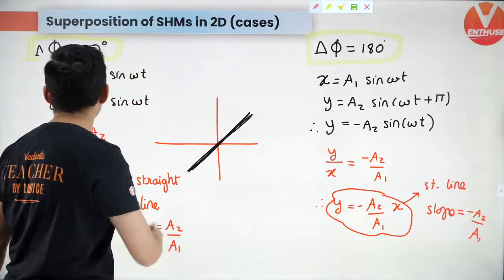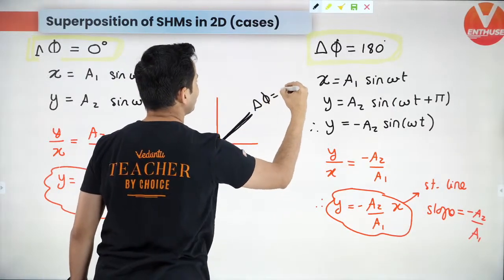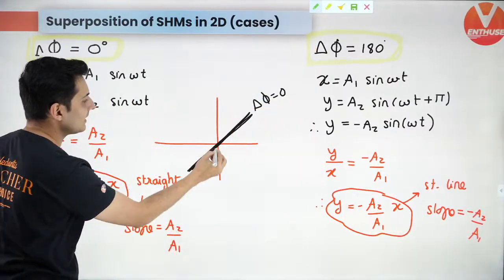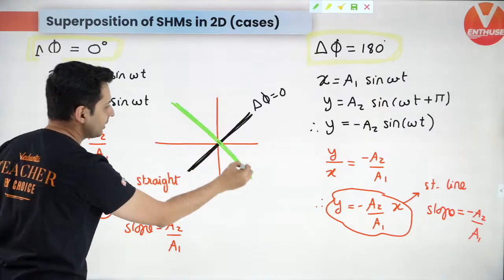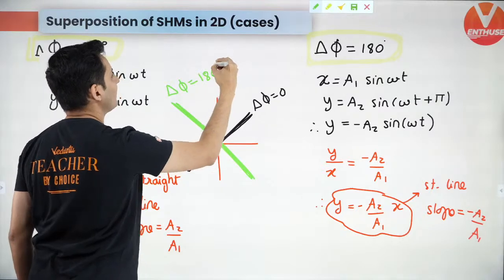So this was when del phi was 0, but when del phi is 180 degrees, the slope is negative, so Pandu's motion will look like this. It will keep on going like this.